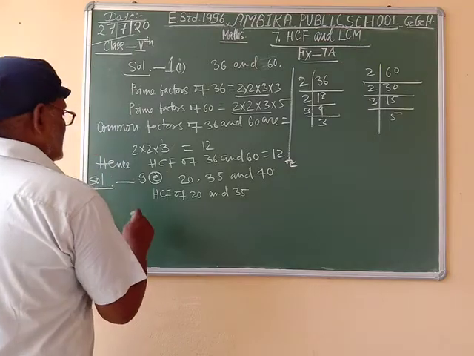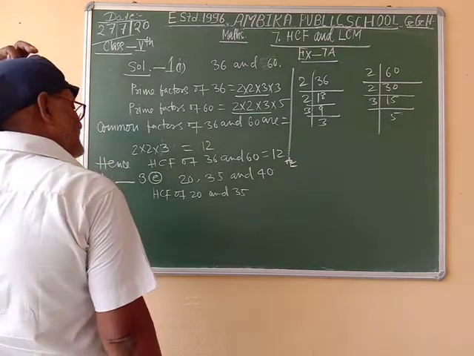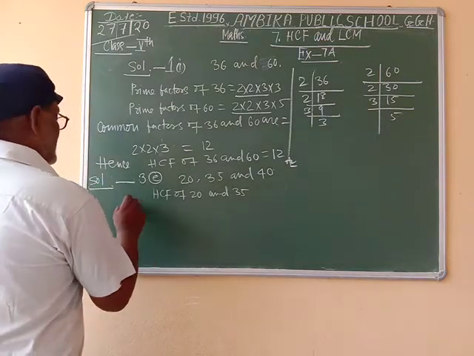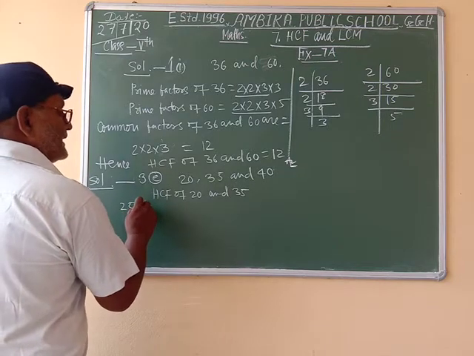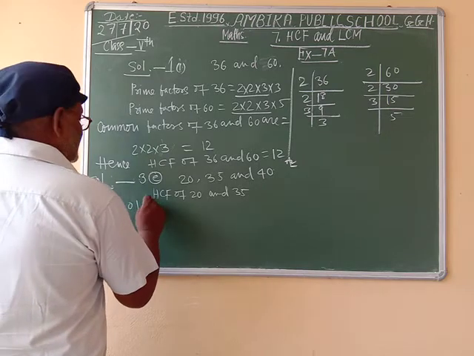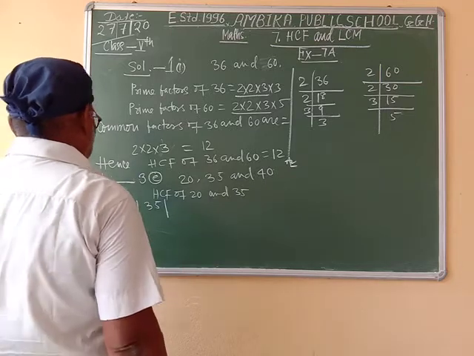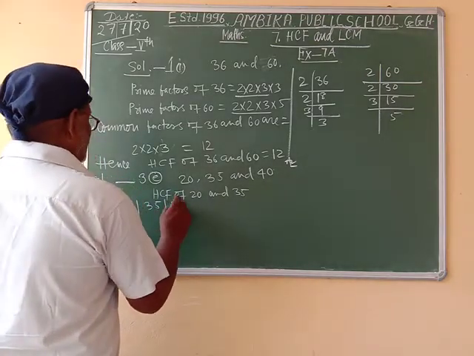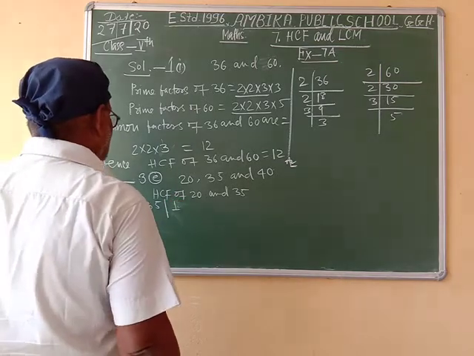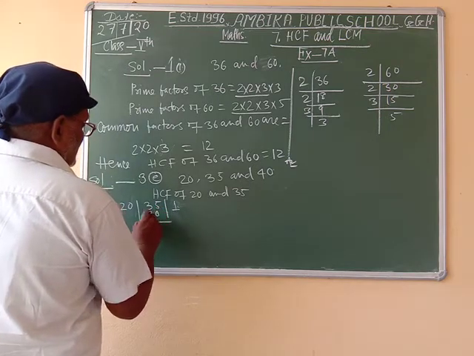Divide 35 by 20, the greater number by the smaller number. Dividing 35 by 20, 20 goes one time in 35. Write 20, and on subtracting, 15 is the remainder.